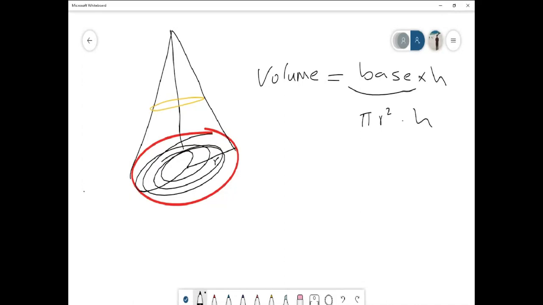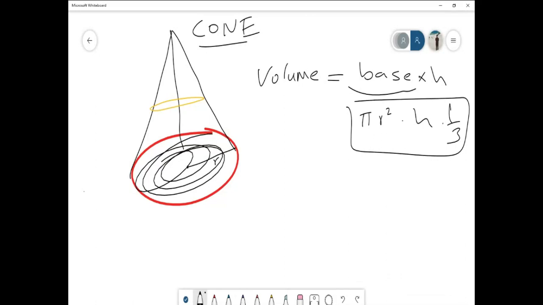But as you can see, the base is not the same when you go up. This shape is called a cone. For a cone, you multiply with 1/3 because when you go up, the base is changing. That's why I multiply with 1/3. That's the volume of a cone.